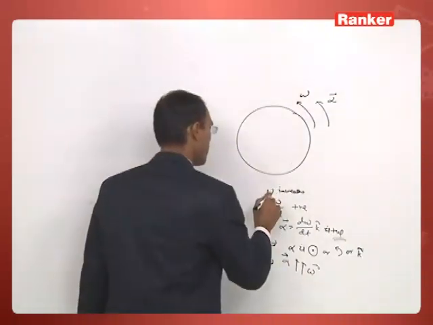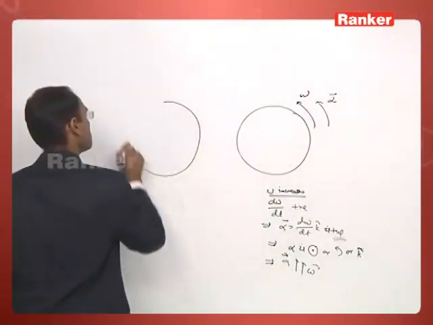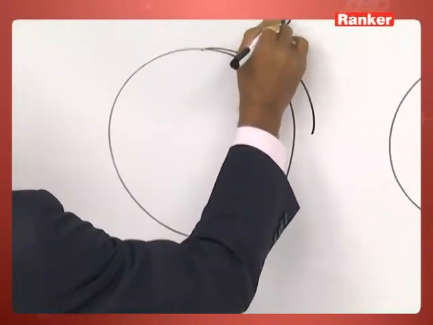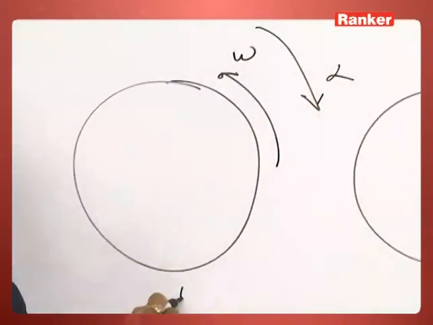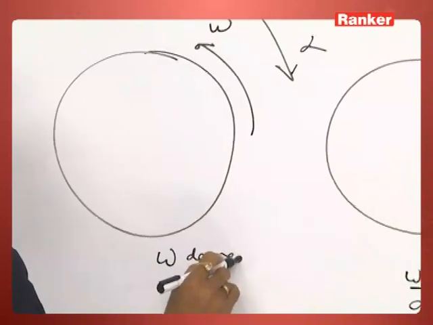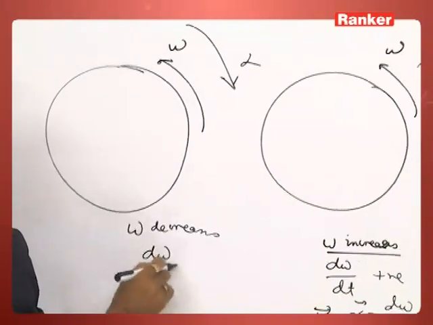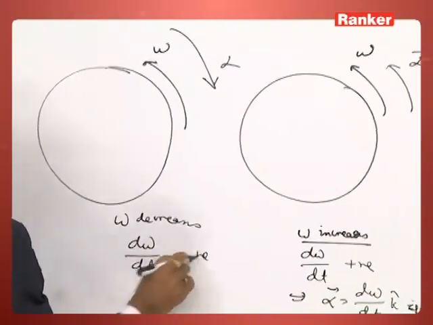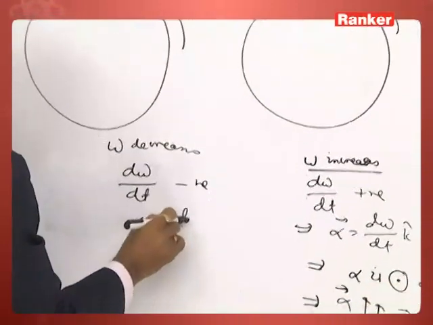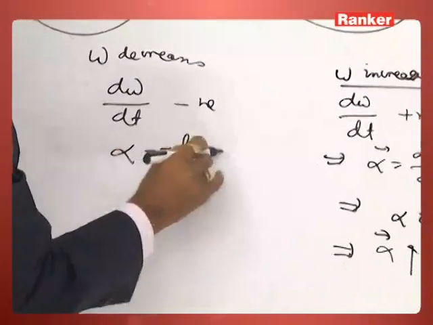In this case, omega increases. In this case, omega decreases. d omega by dt is negative. Therefore, alpha is equal to d omega by dt, minus k.